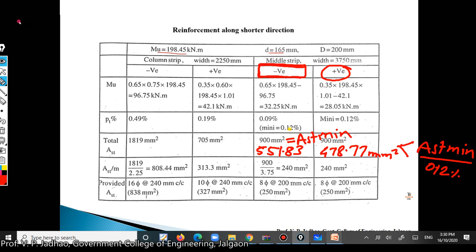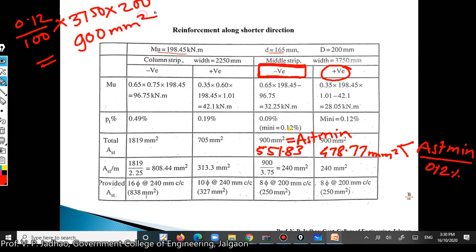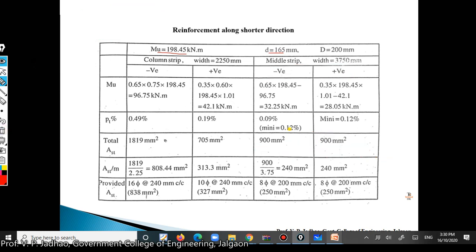If you calculate using your calculator, 0.12 divided by 100 multiplied by width 3750 multiplied by depth 200 mm, this comes out to be 900 mm square. This is how this 900 mm square value is calculated.